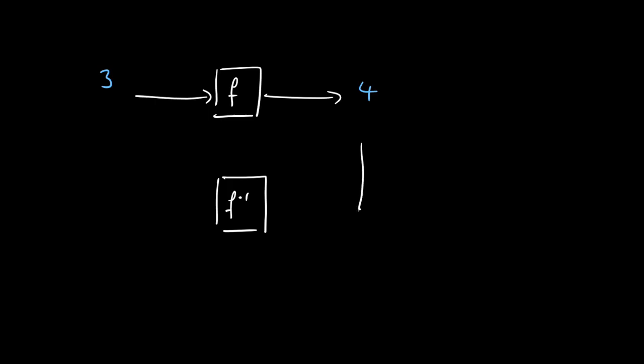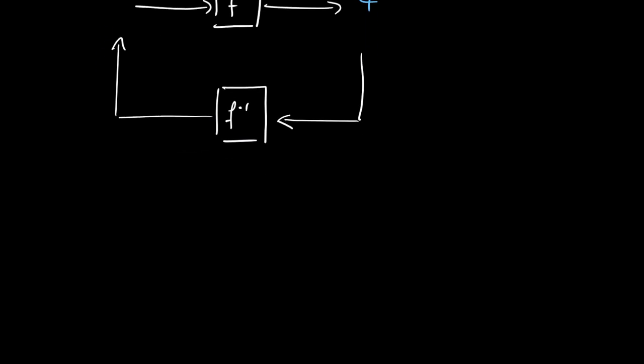The job of the inverse function is to take that output 4 as a new input and to give us back 3 as the output. So if the function f takes in 3 and gives out 4, the inverse function is supposed to undo what f has done. In other words, if it takes in 4, it should give us back 3. That's its job.